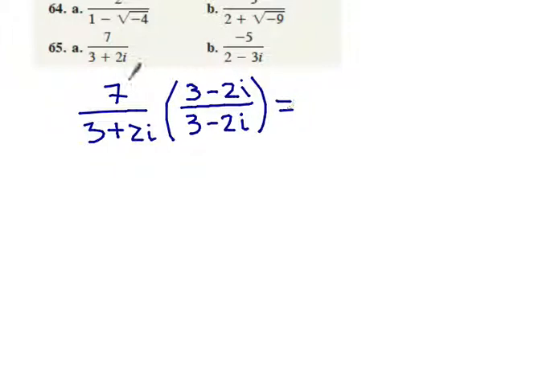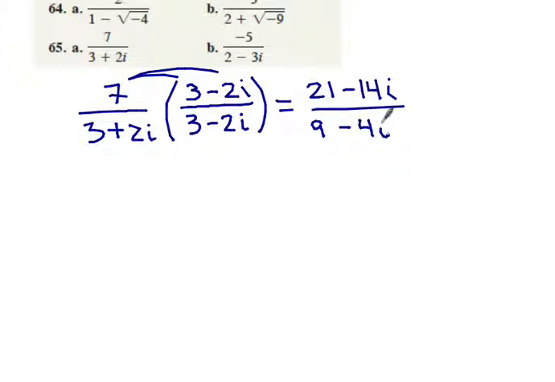We'll distribute across the top. So we end up with 21 minus 14i. And then in the denominator, you'll end up with 3 times 3 is our 9. We'll have the plus 6i and minus 6i, so those terms cancel. And then we'll have the minus 4i squared, which again is just like plus 4.